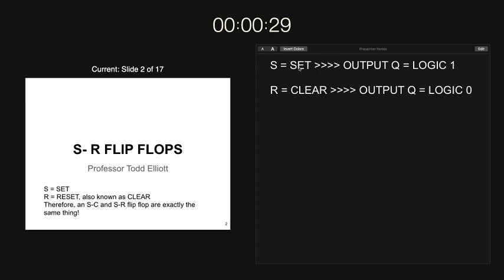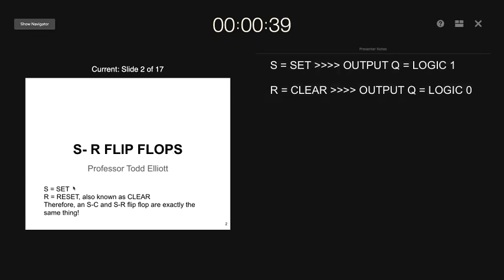If we reset, which means the same as clear, then the output Q is logic 0. So S represents set, and R is reset or clear. Reset means exactly the same thing.